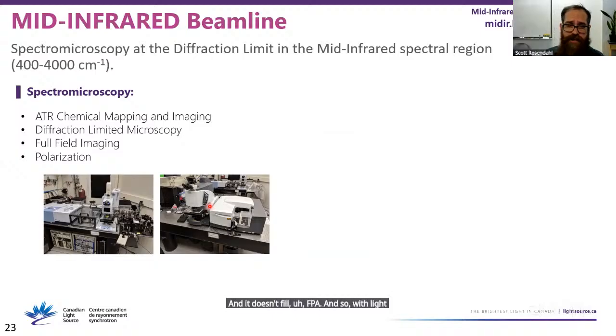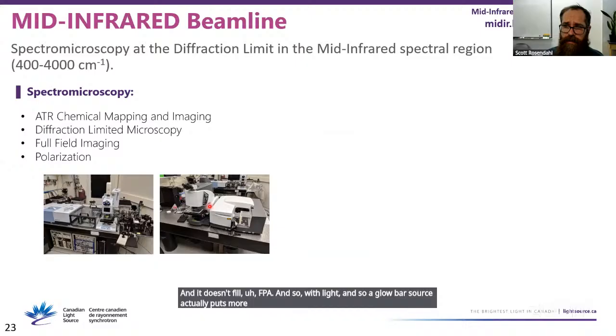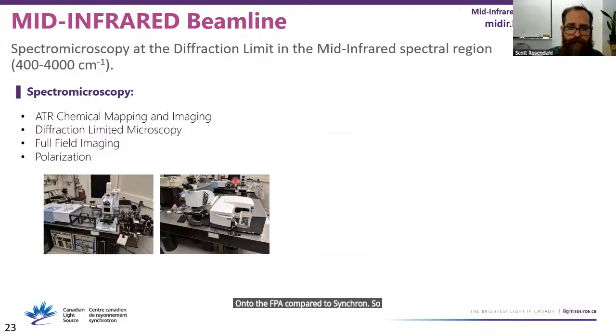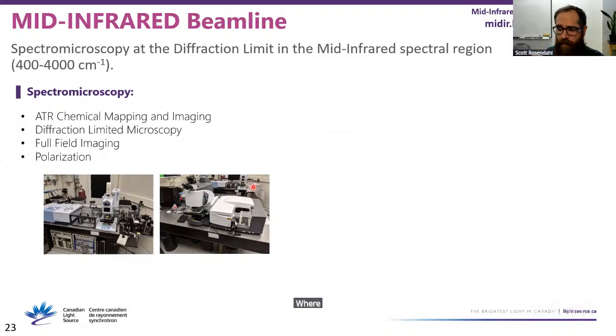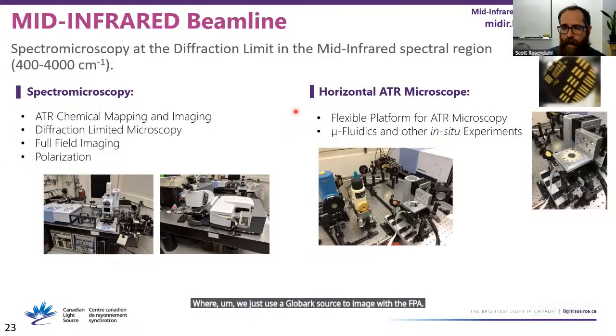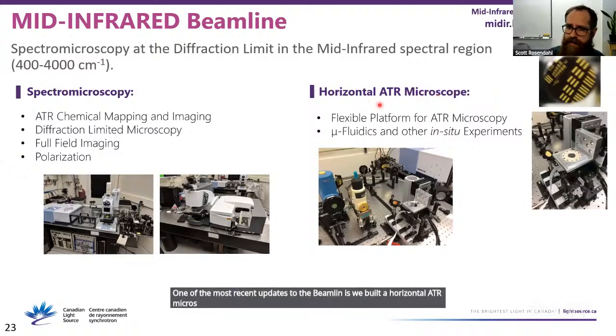A glow bar source actually puts more light, as I mentioned earlier, just due to the flux in all directions onto the FPA compared to a synchrotron. So this is why this instrument is better utilized offline, where we just use a glow bar source to image with the FPA.